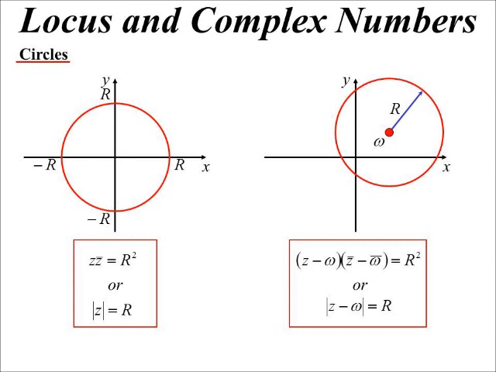So if they ask us to draw a locus and we see modulus equals a constant number, we know straight away, circle. Don't have to do any algebra. I can just look at it and go, okay, I know that's a circle, centre whatever, radius whatever. So we're going to express these circles in terms of z. Well, x squared plus y squared equals 16.